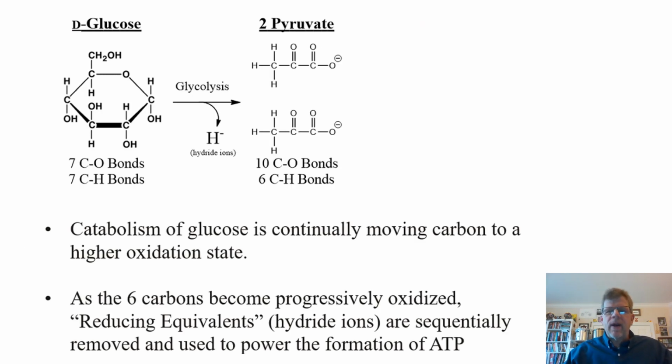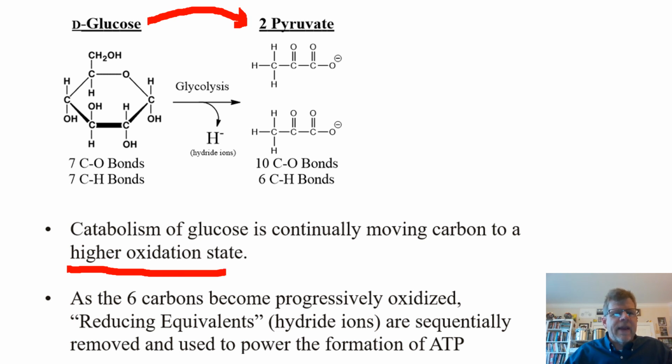So let's follow our journey from our 6-carbon glucose. This is a piece of a slide that we looked at before. This is essentially glycolysis, going from glucose to 2 molecules of pyruvate. And we saw that this catabolism is continually moving carbon to a higher oxidation state.